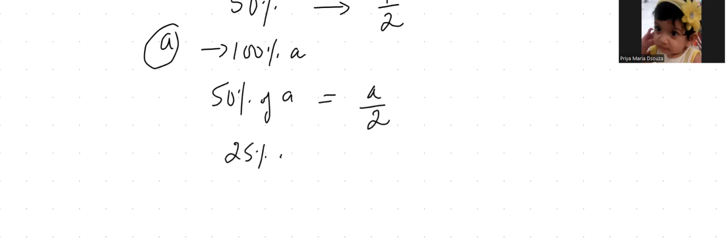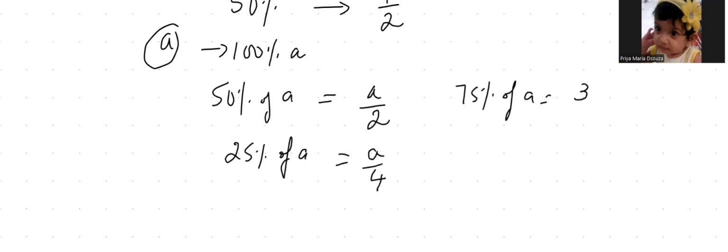Now 25%, see, you should know these things. 50% of something means you're dividing it by half. If I have a number A, 100% corresponds to A. 50% of A means A divided by 2. 25% of A means A divided by 4. 75% of A means 3 into A divided by 4.